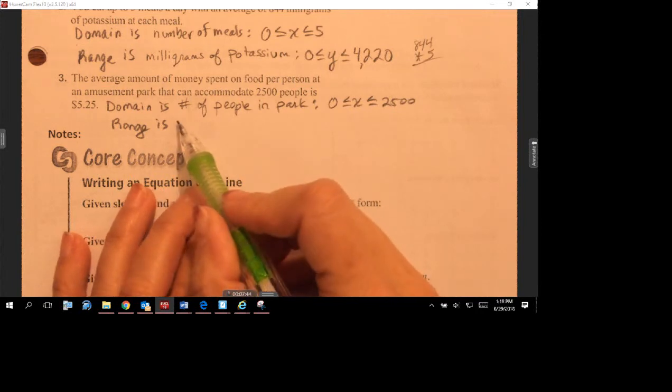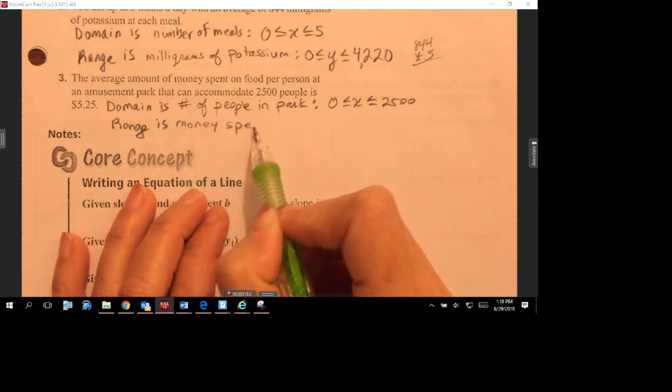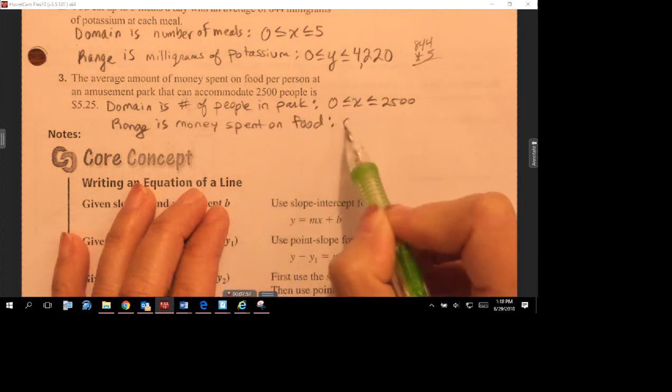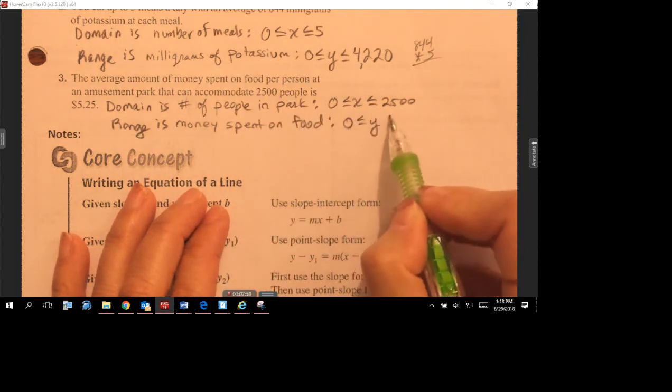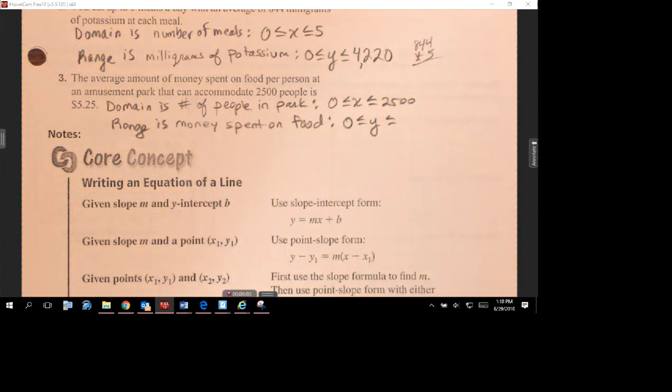Range will be money spent on food. Which is going to be between 0 and, you have that number for me?